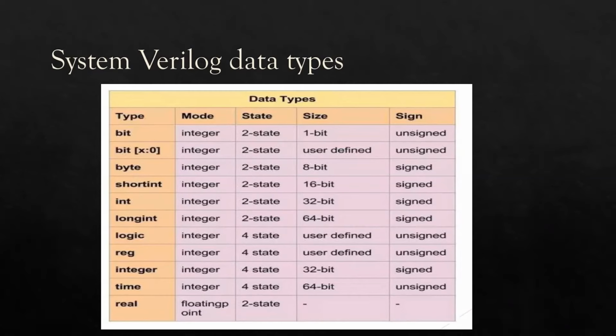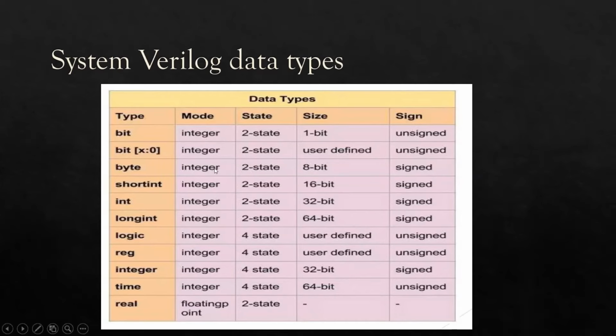To represent 8 we need 4 bits minimum. In that scenario we will write bit [3:0] a. Bit [3:0] a means a is capable of 4 bit data, from 0 to 15.